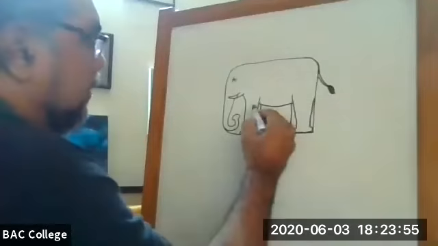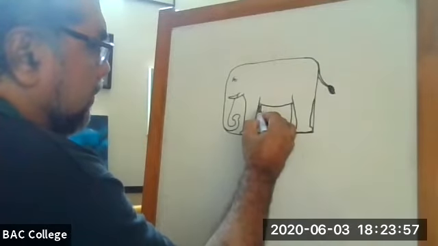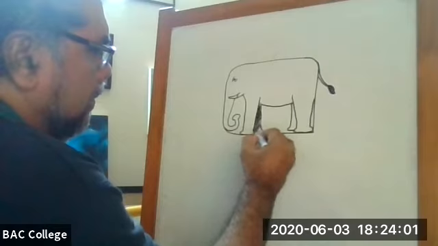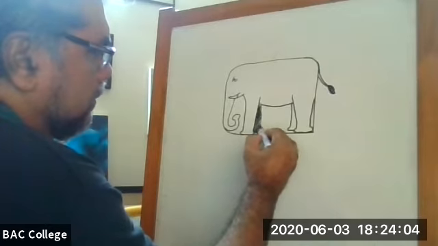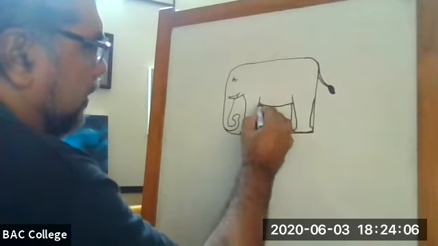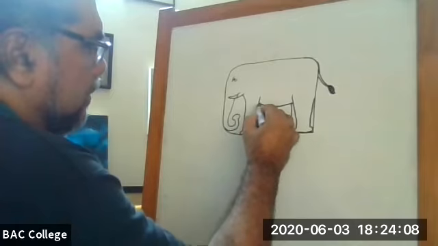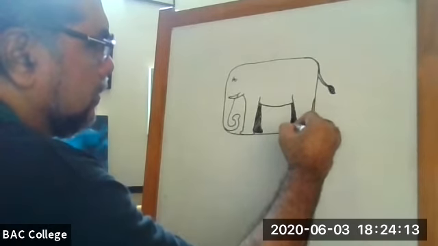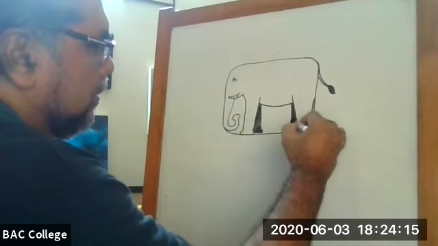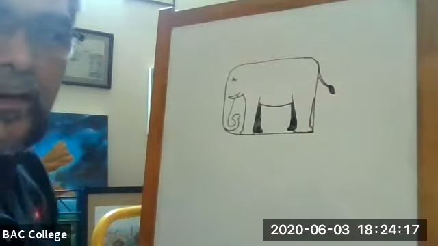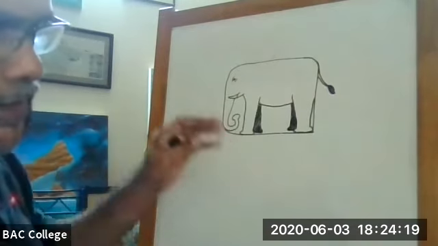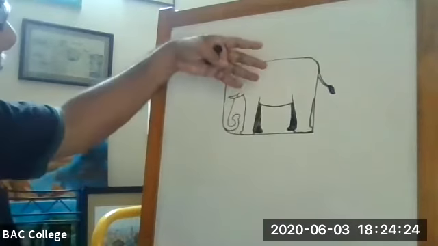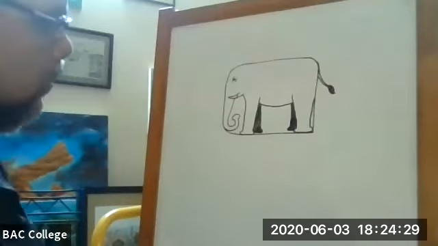To make it more realistic looking, you can darken this part to show the shadow on the other side, and here too. Like so, so it is away from the light.